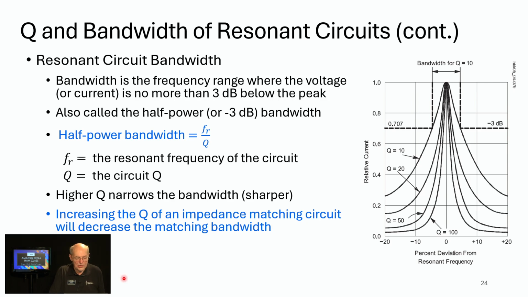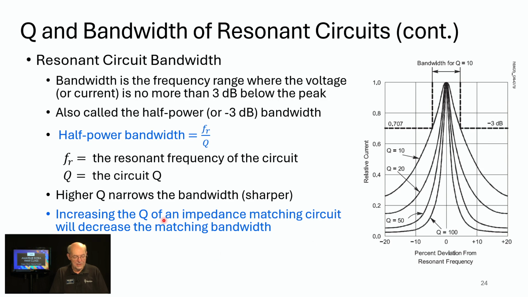Increasing the Q of an impedance matching circuit will decrease the matching bandwidth. Well, let's see if we can figure that out. We know that if we increase the Q, it's going to become narrower, so it's going to decrease the matching bandwidth. Remember, in our hypothetical case, the CW curve was at Q of 100 and single sideband 10.